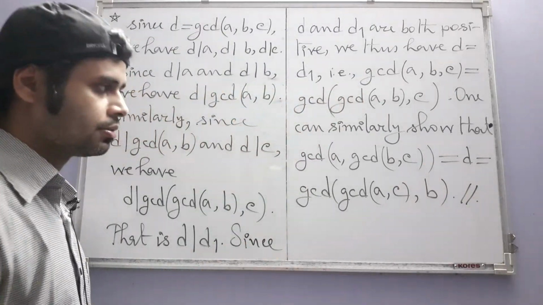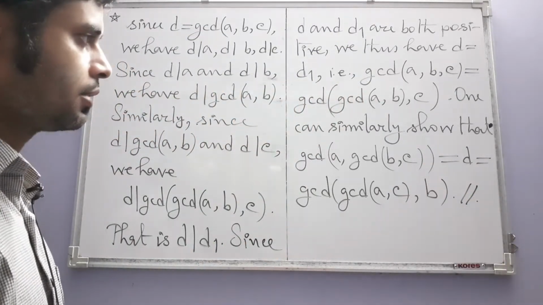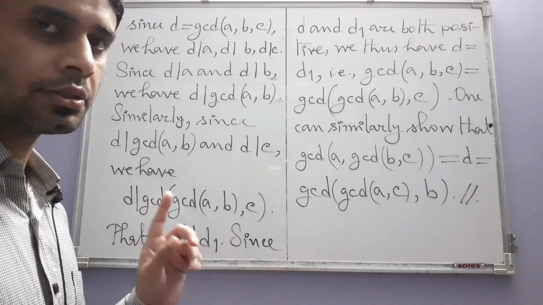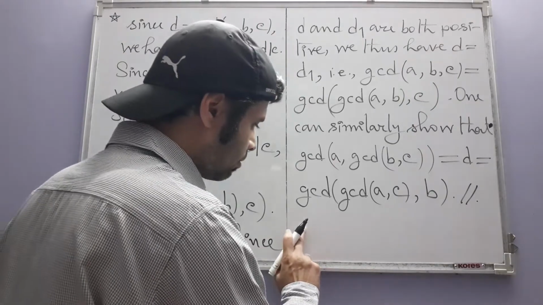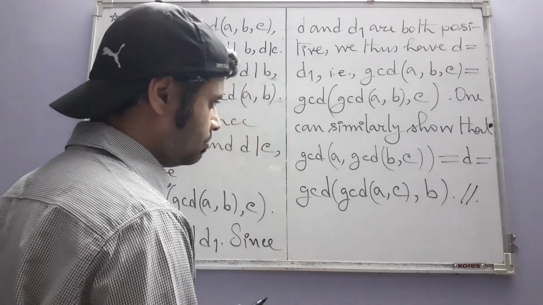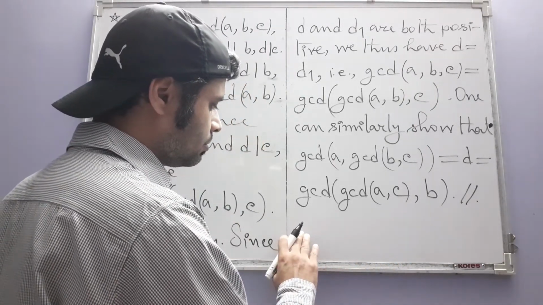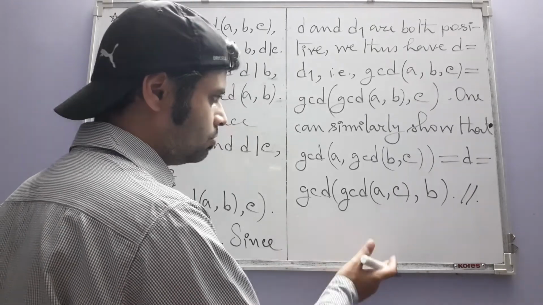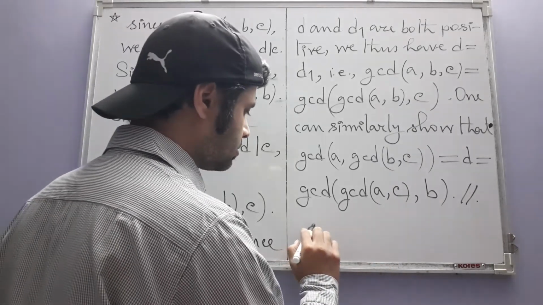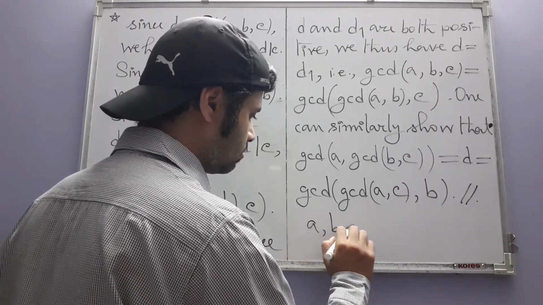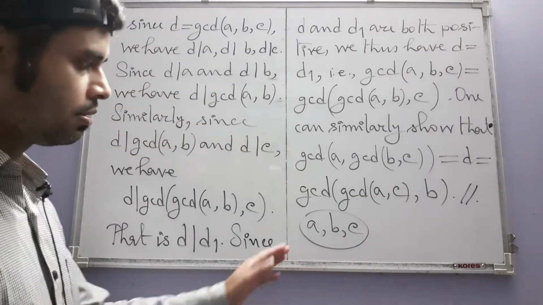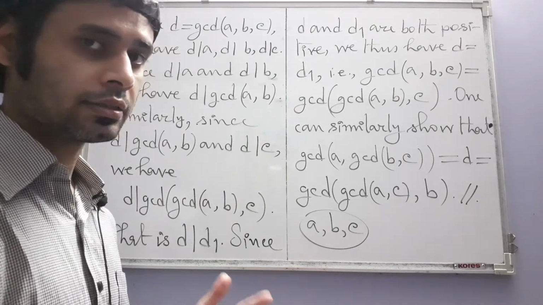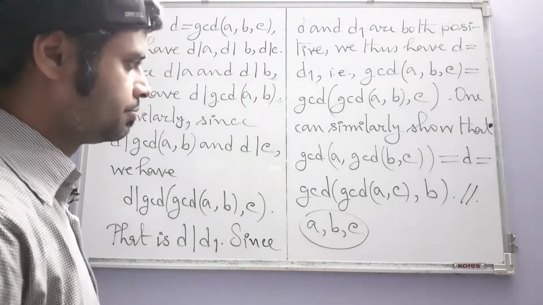But before we see the next exercise, let me draw your attention to one fact. What was given in our original statement of the problem, that no two integers in this list of integers are simultaneously 0.